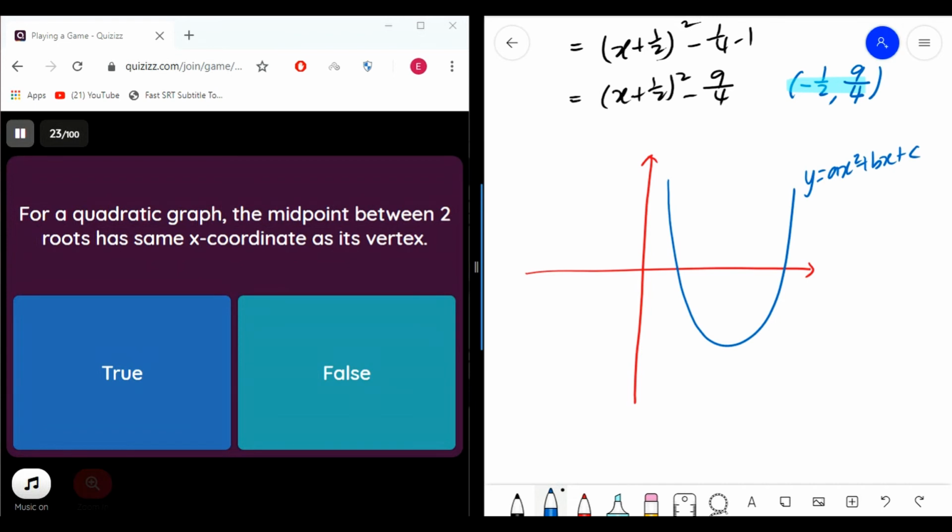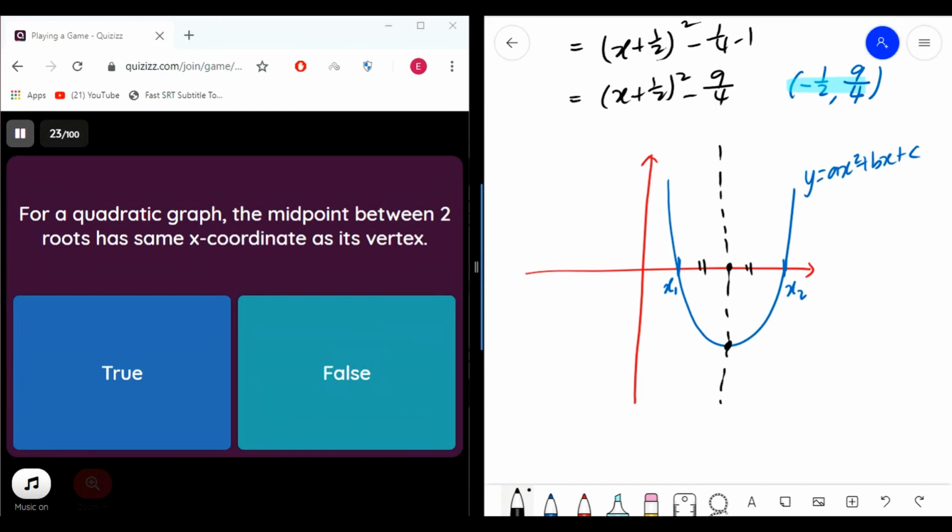Then we have two roots, x1 and x2. The midpoint between two roots and the vertex will lie on the axis of symmetry. So they will have same x coordinate.